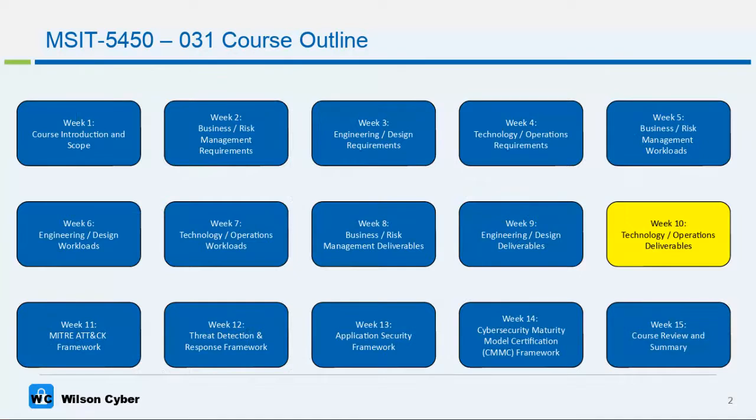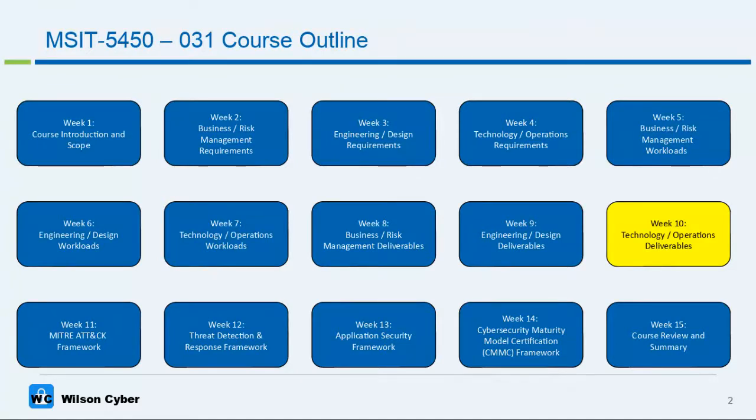Here's the course outline. Week 1, course introduction and scope. Week 2, 3, 4, business risk requirements, engineering design requirements, technology operations requirements. Week 5, 6, 7, business risk workloads, engineering design workloads, technology operations workloads. And week 8, 9, 10, business risk deliverables, engineering design deliverables, and this week, technology operations deliverables.